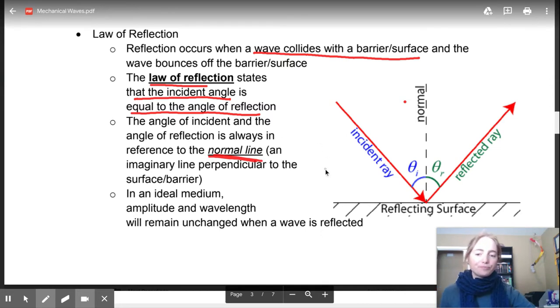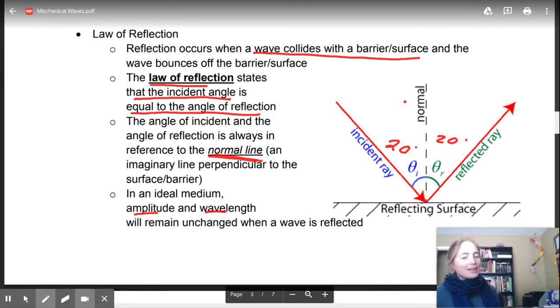In an ideal medium, if I had a 20-degree incident angle in reference to the normal, my angle of reflection is also going to be 20 degrees relative to the normal. If the medium is ideal, amplitude and wavelength are going to remain unchanged when a wave is reflected. Sounds good? All right.